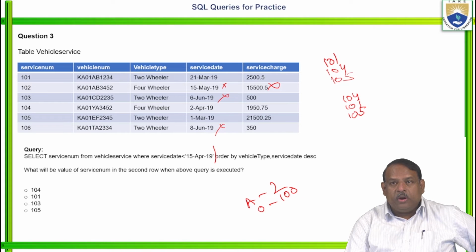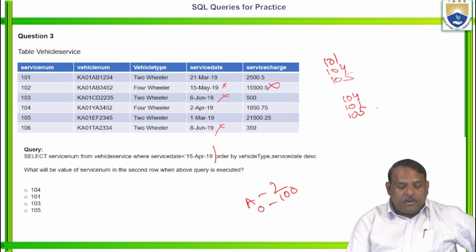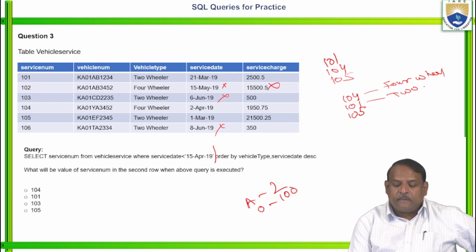Again, we have to do a double sort once again because we have two values that are the same. This is a 4-wheeler, and these two are 2-wheelers. 105 is also a 2-wheeler. Now we need to apply the secondary sort.